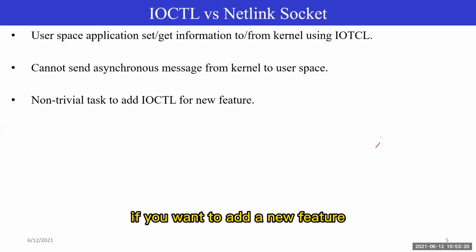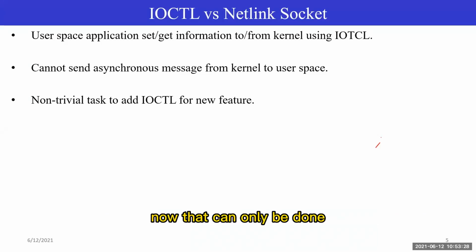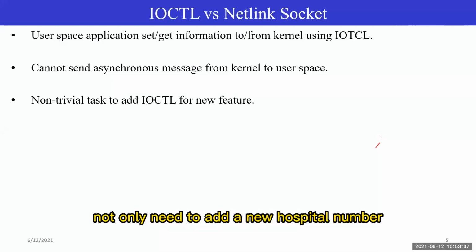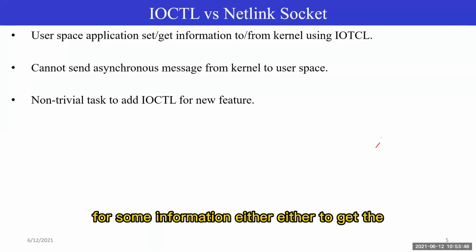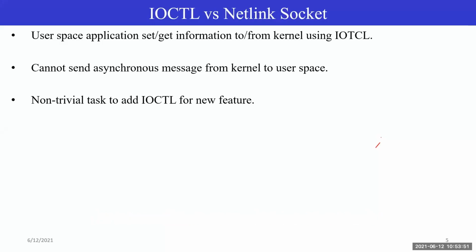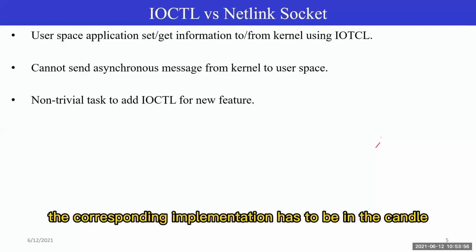So if you want to add a new feature, that means you need to add a new IOCTL number in the kernel. Now that can only be done by recompiling the kernel. And you not only need to add a new IOCTL number, you need to add the corresponding code, so that whenever the user calls for some information, either getting data from the kernel or setting data to the kernel, the corresponding implementation has to be in the kernel.